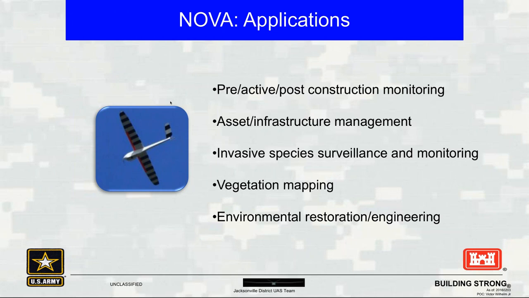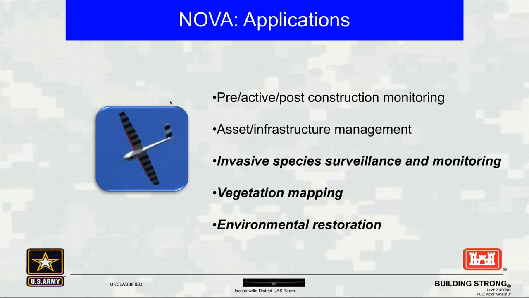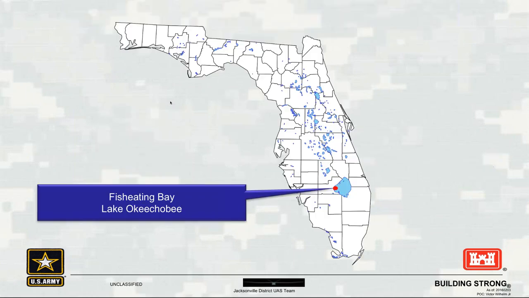But the bottom 3 are really where, at least within our branch, we've devoted a lot of time, energy, and funding to: the invasive species surveillance and monitoring, the variety of vegetation mapping, both invasive species and native, and environmental restoration and engineering, as we'll talk about as well. Next slide, please. You can go on to slide 25.